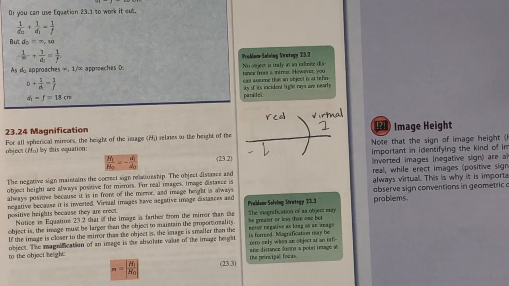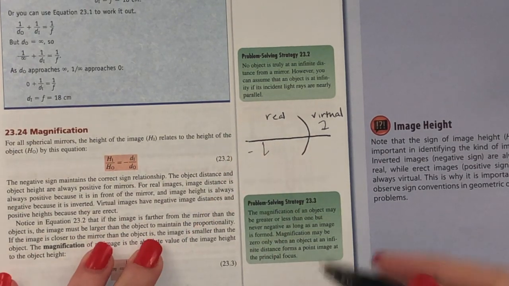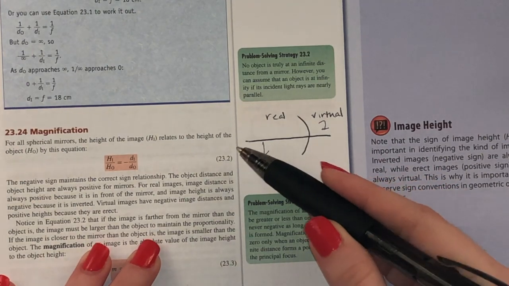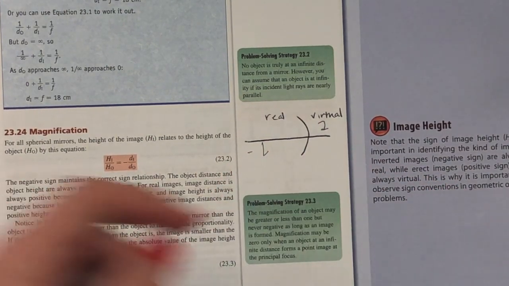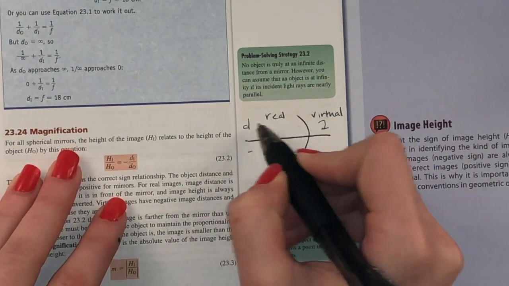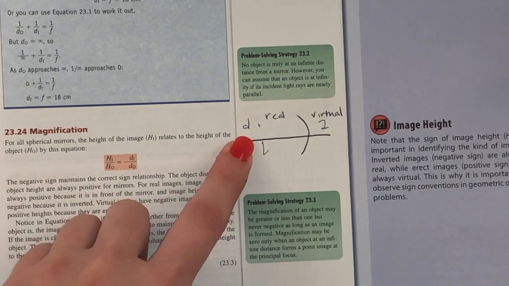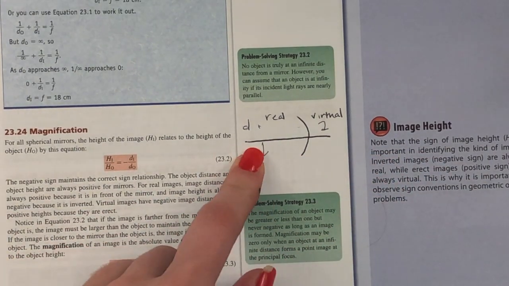So if you go back to cases 2, 3, and 4, where we only had real images, the distance that it was located from the mirror was positive because it was on this side of the mirror. So the distance is positive, but its image was always inverted, so the height was negative.